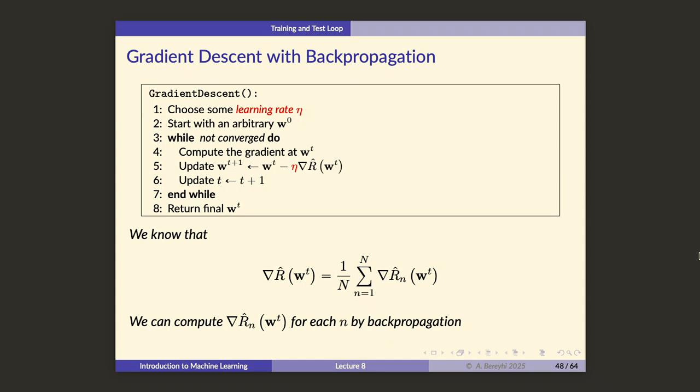So what does that mean? Remember, backpropagation is computing the gradient of something with respect to the weights. What is that? The gradient of the empirical risk? Yes or no? No. What is that thing?